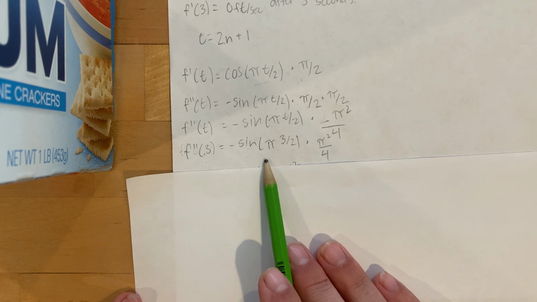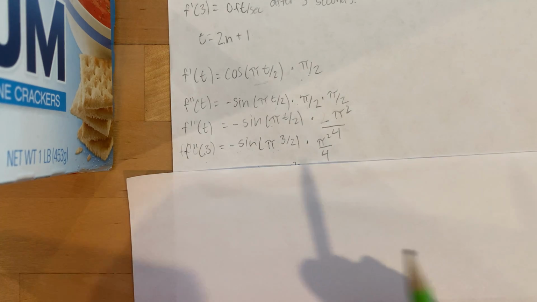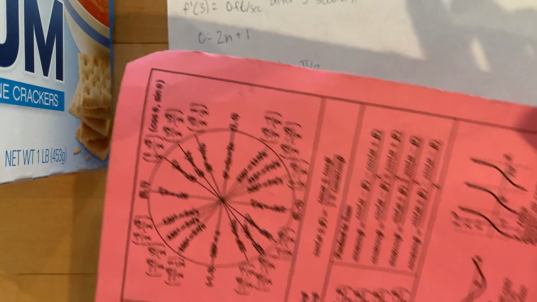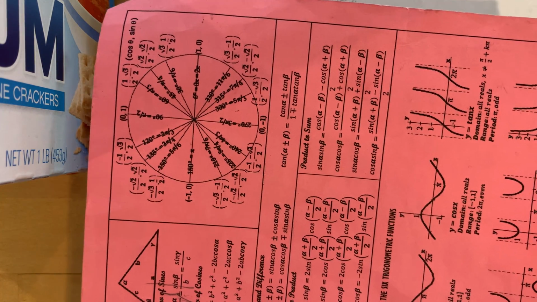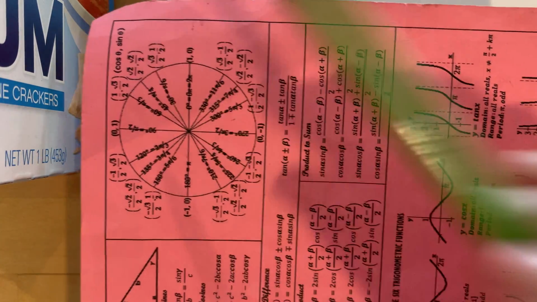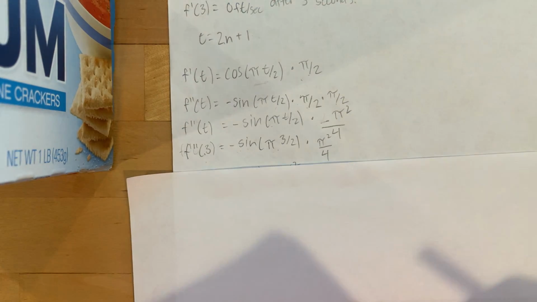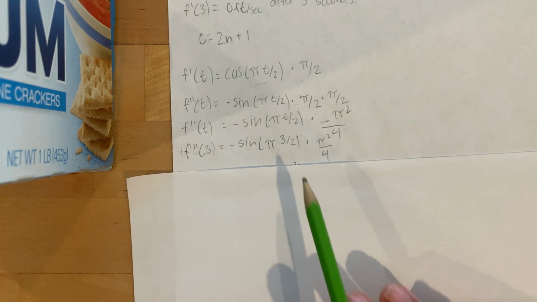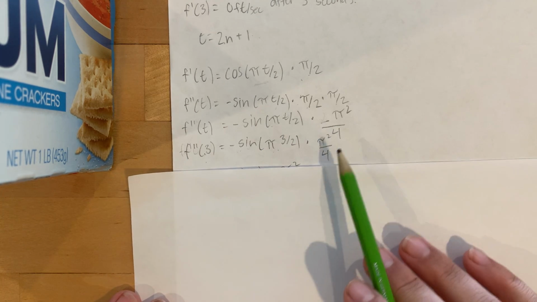Again, using our unit circle, we know where sine of 3 pi over 2 is going to be negative 1, because sine is our y value, and using that, we will get rid of our trigonometric function here and replace it with a negative 1 times pi over 2 over 4.